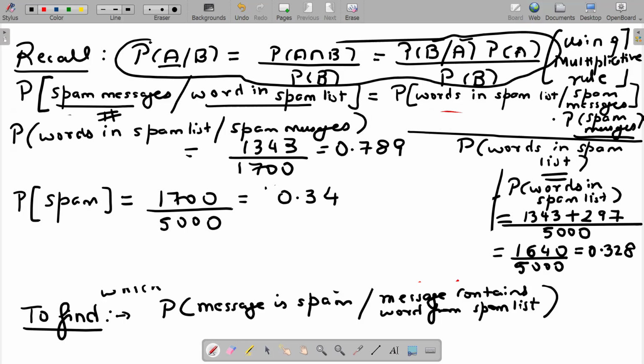So my answer in this case will be probability of spam messages given words in the spam list.